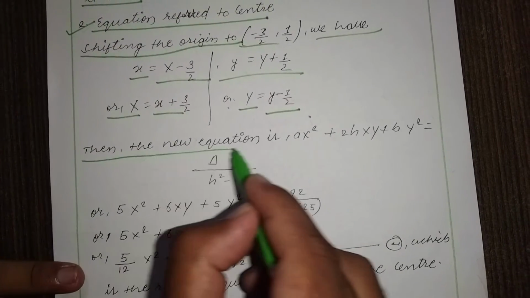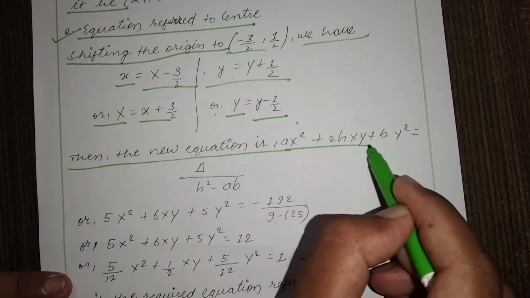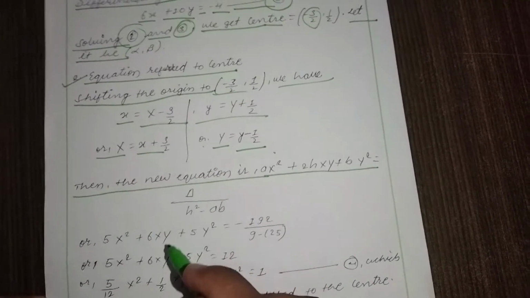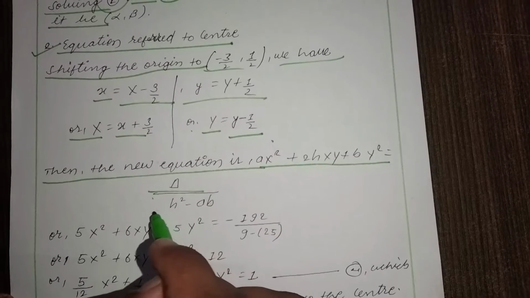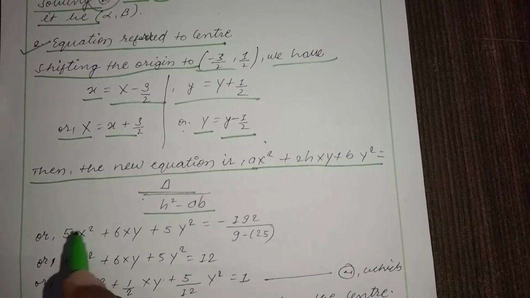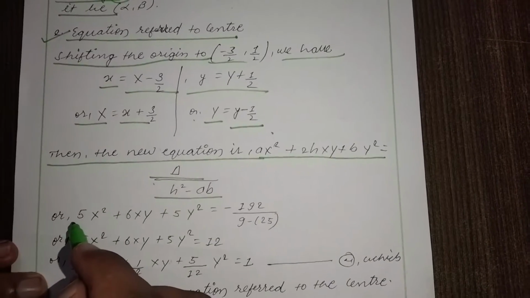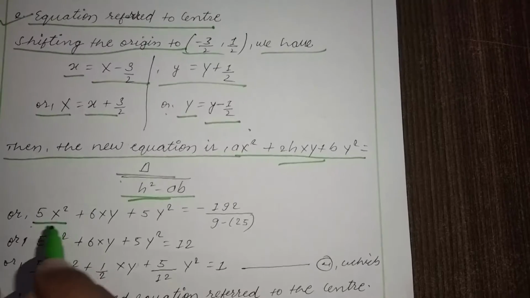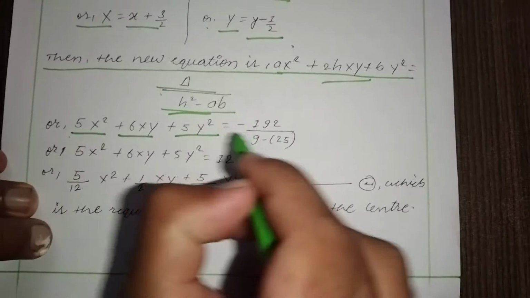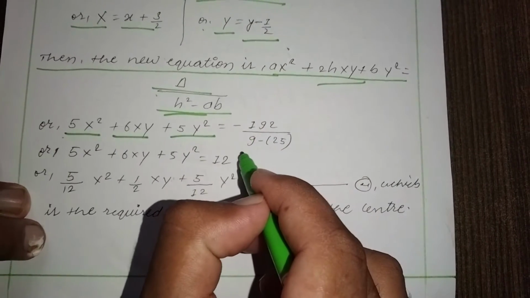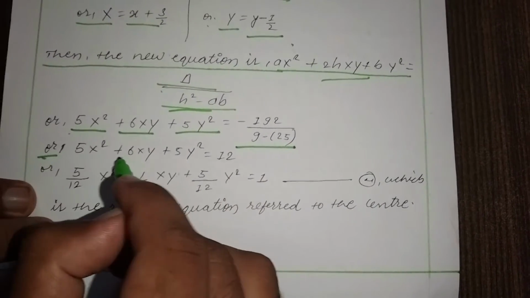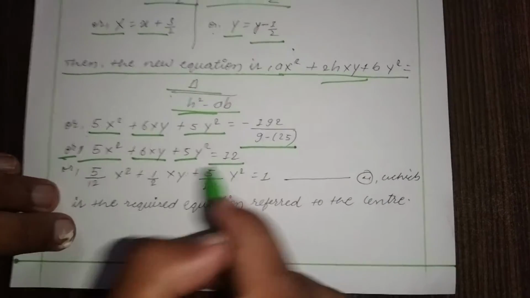Then the new equation is ax square plus 2hxy plus by square equals determinant by h square minus ab. Now we put the values of a, h and b in this equation: 5x square plus 6xy plus 5y square equals minus 192 divided by 9 minus 25, or 5x square plus 6xy plus 5y square equals 12.